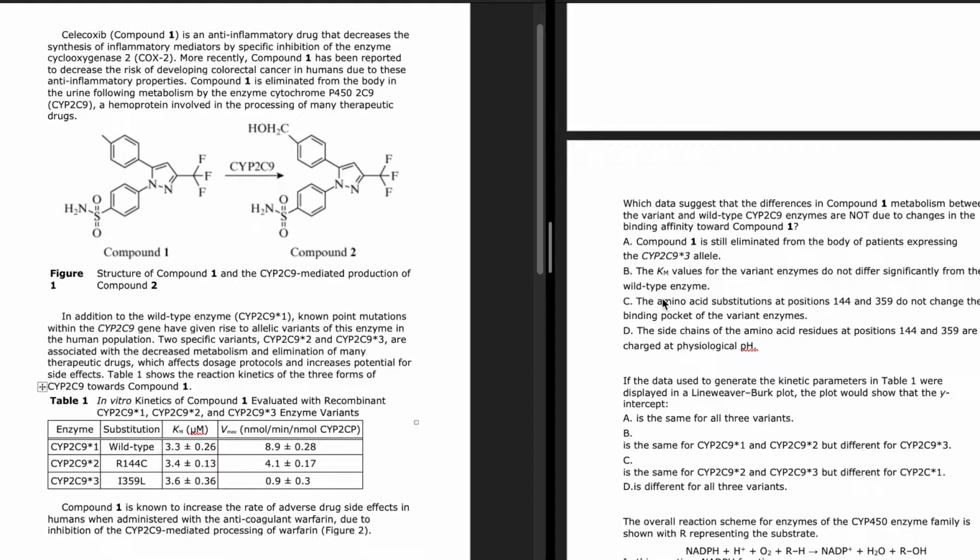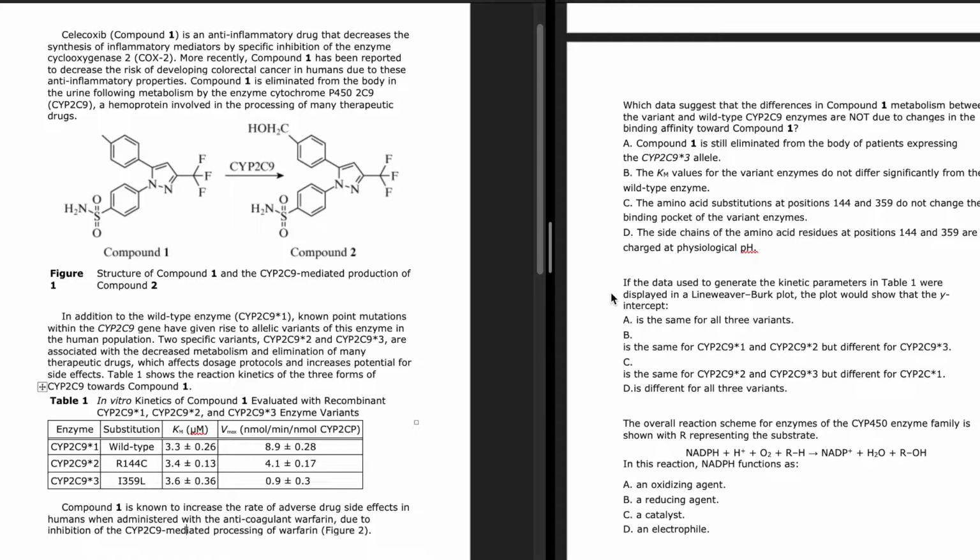So C's wrong, and so I'm going to put probably not here, maybe not. D, the side chains of the amino acid residues at position 144 and 359 are charged at physiological pH. So again, we look here, I know that R will be charged, but I will not. So D, probably not as well. And I'm only left with one maybe, and that's B. And that is most likely the answer choice here.